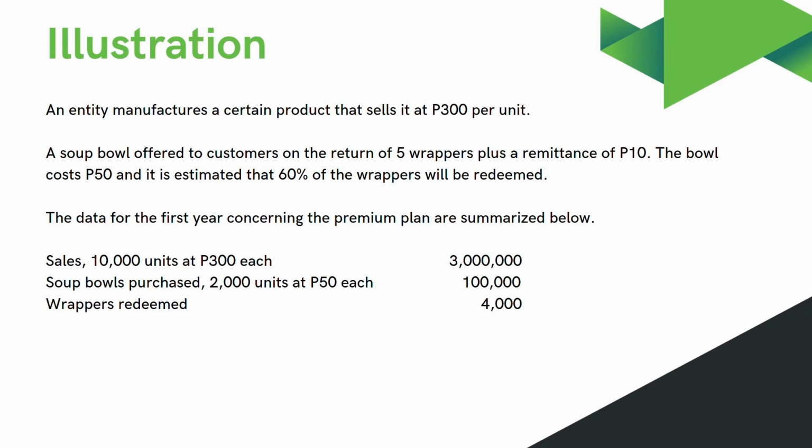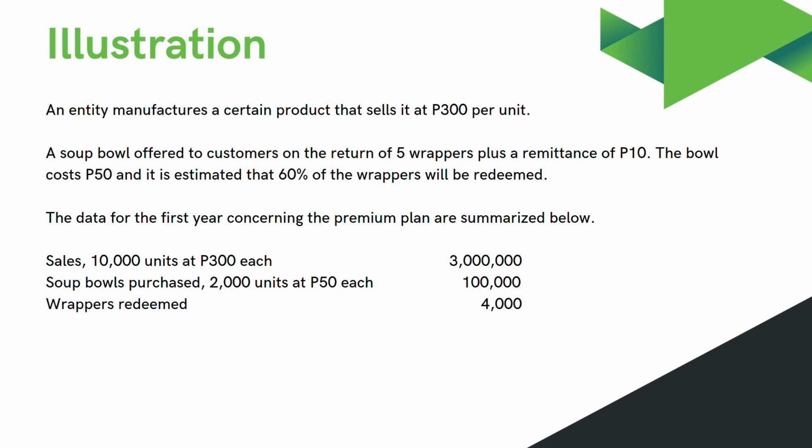The bowl is the premium. The bowl costs 50 pesos and it is estimated that 60% of the wrappers will be redeemed. The data for the first year concerning the premium plan are summarized as follows.